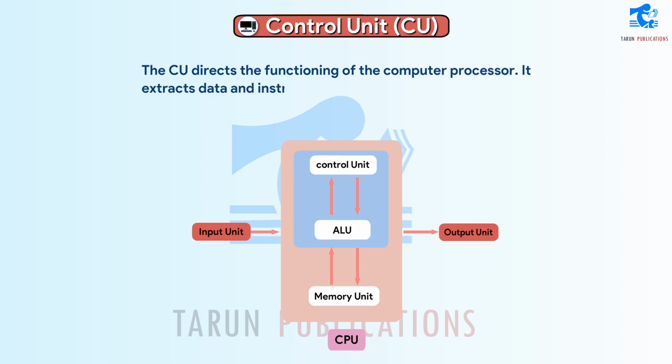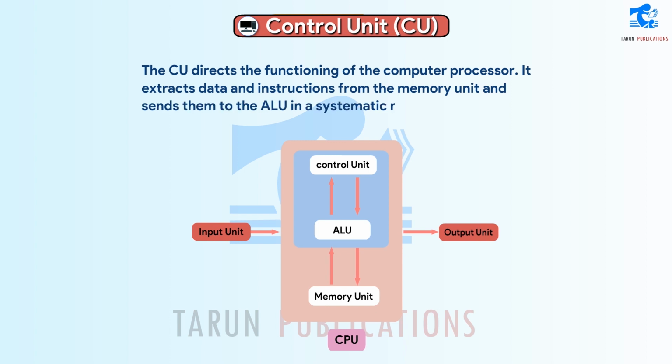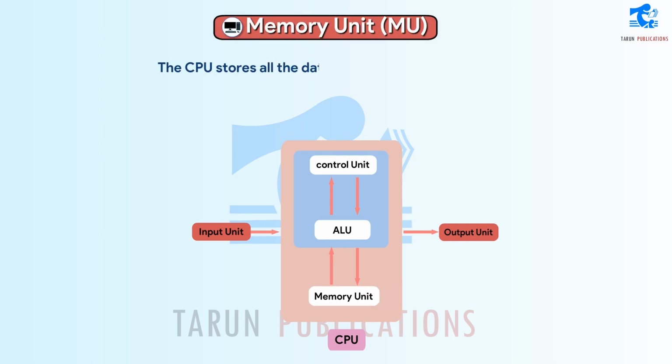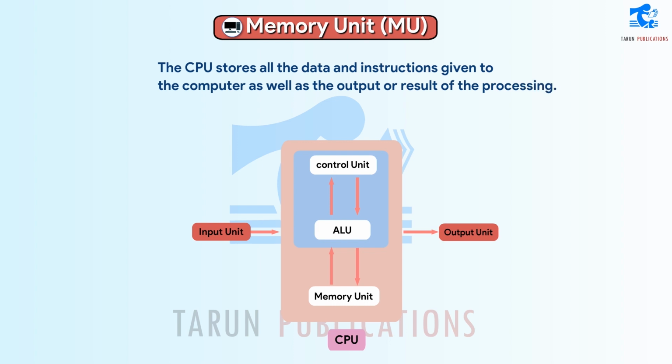It extracts data and instructions from the memory unit and sends them to the ALU in a systematic manner. Memory Unit, MU. The CPU stores all the data and instructions given to the computer as well as the output or result of the processing.